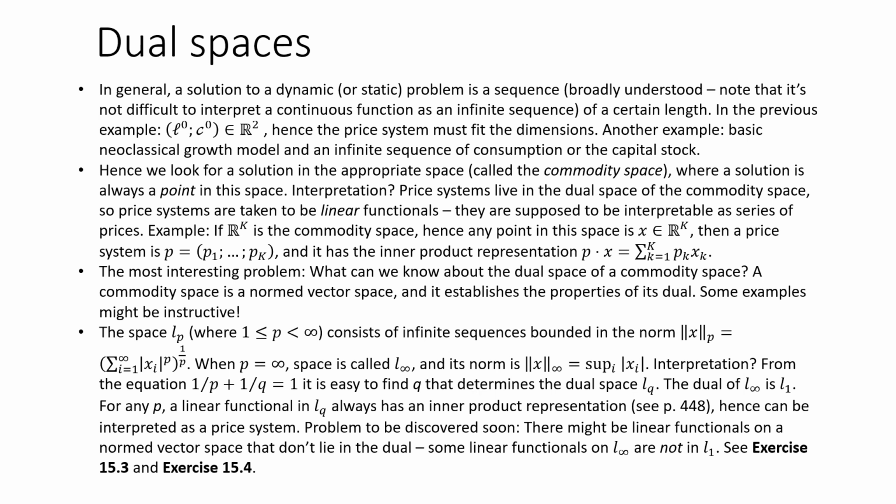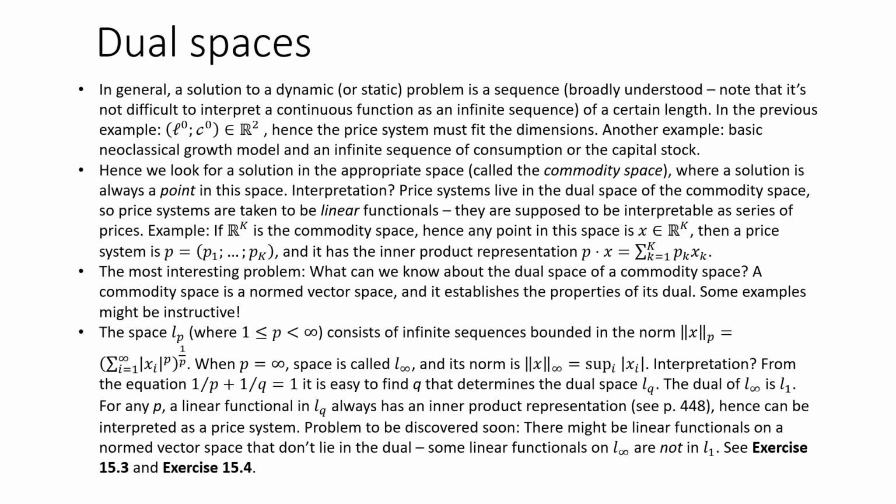So we need linear functionals that we can represent by inner products. But there is a problem, and this is a problem we will discover in detail very soon. There might be linear functionals on a normed vector space that don't lie in the related dual space. For instance, some linear functionals on L infinite are not in L1.